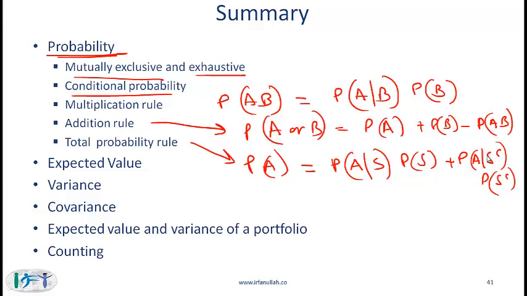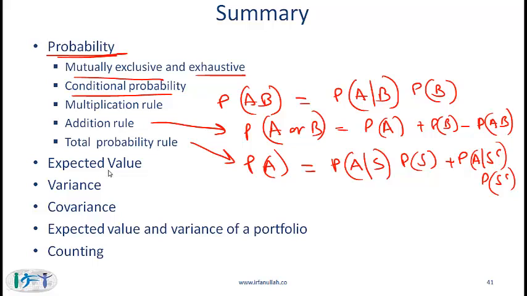Not that scenario is often denoted as S complement. This is a simplified 2-scenario version of the total probability rule. This particular rule can be expanded into multiple scenarios as long as all the scenarios are mutually exclusive and exhaustive.